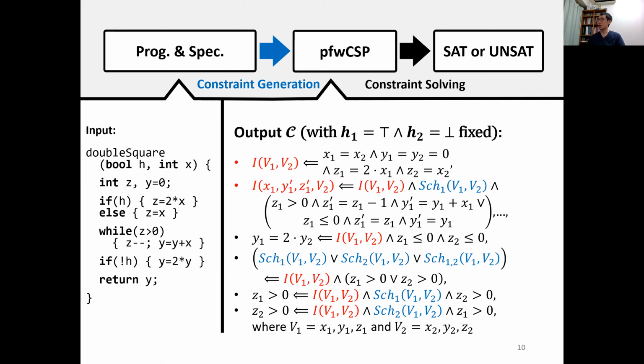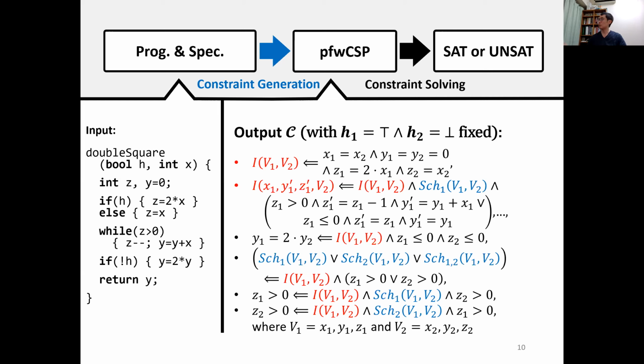In this talk, I will only explain this reduction from relational verification problems to constraint solving on specific concrete examples. Please look at the CHAP paper for how to do this in general for arbitrary programs and arbitrary specifications of the respective class of hyperproperties.